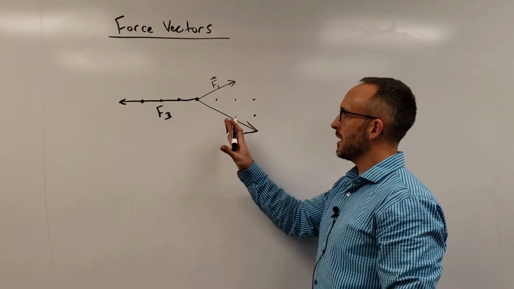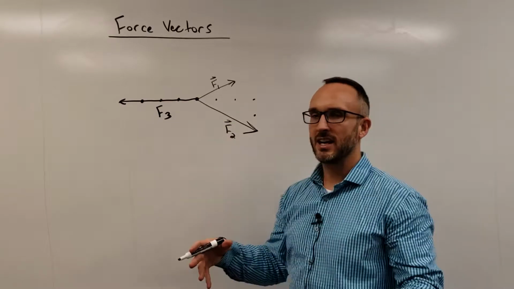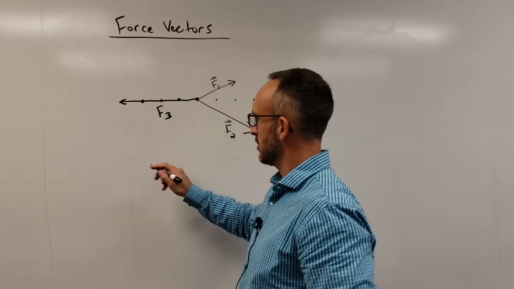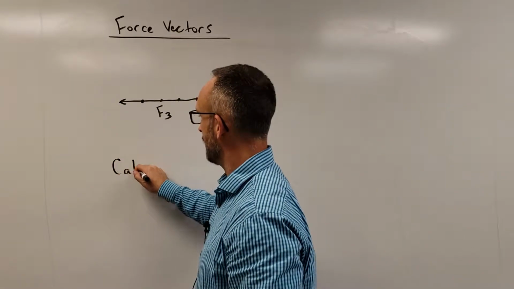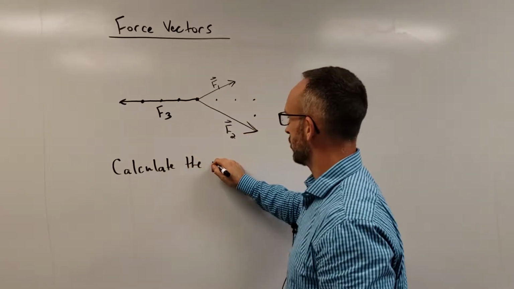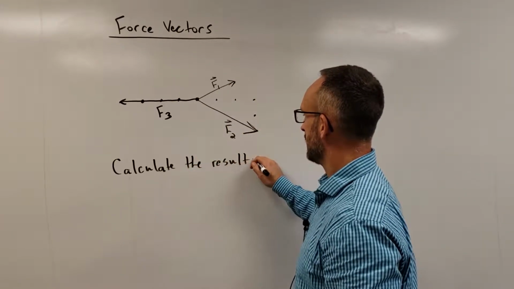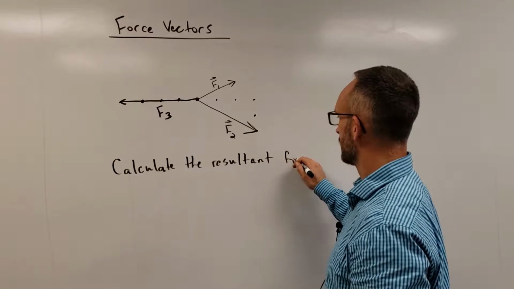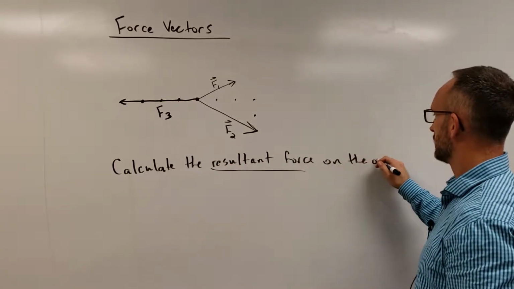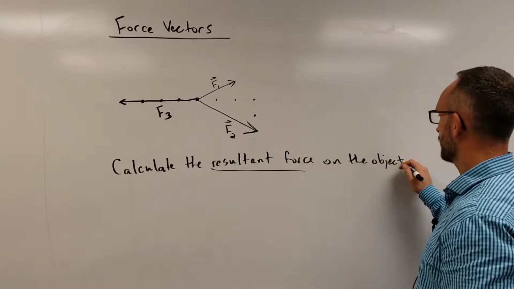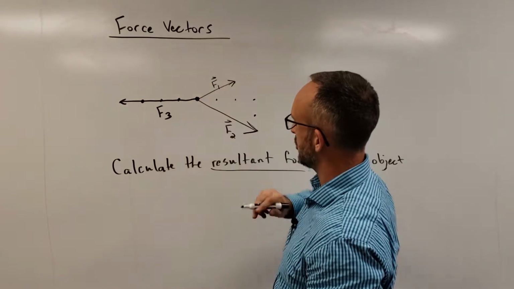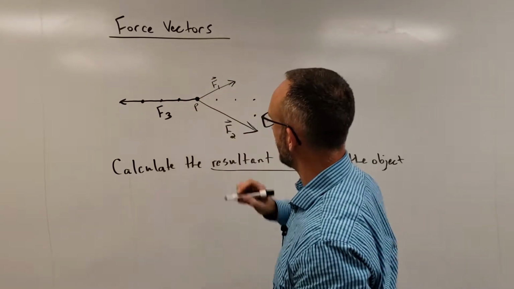So what we might want to do now is calculate the result of all of those forces acting on the object. And what that's called is, let's calculate the resultant force on the object. And just so we can reference where the object is in our drawing, let's call this point P, right?